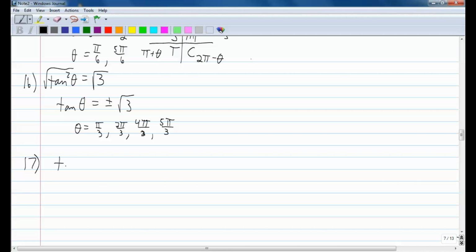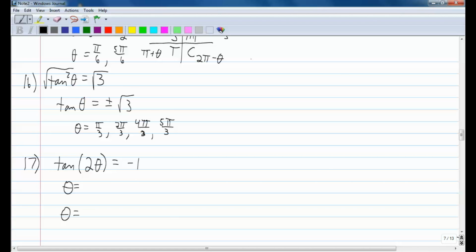Number 17, the tangent of 2 theta equals negative 1. So what I want to do is write down first the general formula where the tangent of theta would equal negative 1.